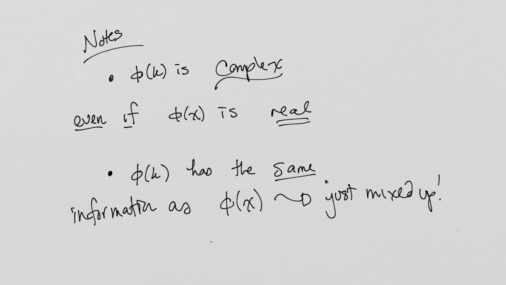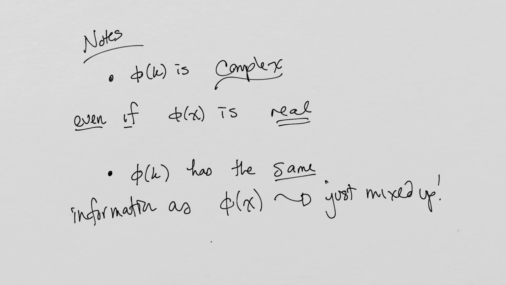So even if my field is real, which is perfectly real, if I decompose that into the Fourier transform, I find that my Fourier transform turns out to be complex. And we'll get back to that. There's actually a particular symmetry that you get in the Fourier transform so that you know that the inverse Fourier transform is going to give you something real. But it's something to keep in mind, that there's no way around making the Fourier transform complex.